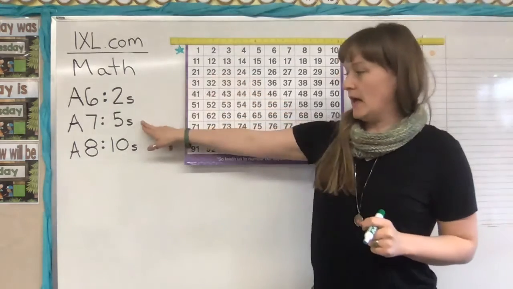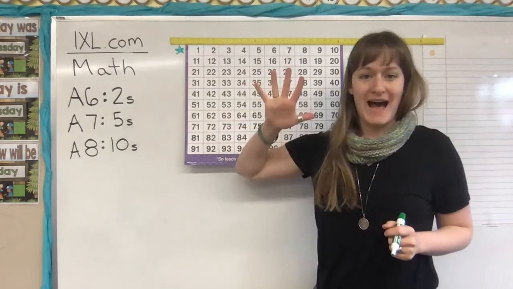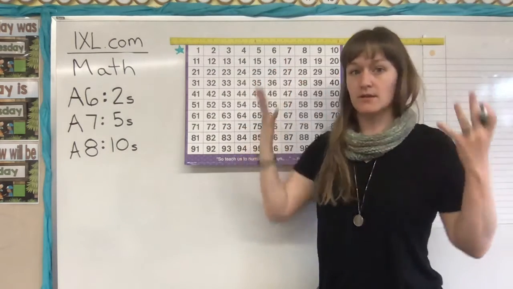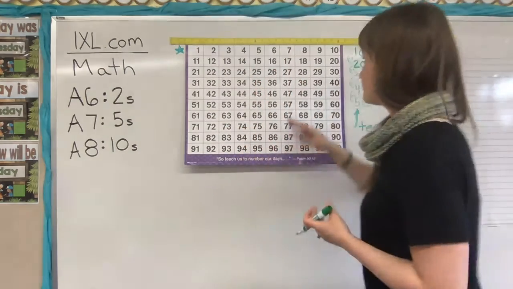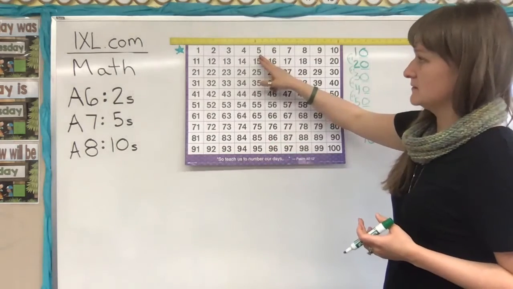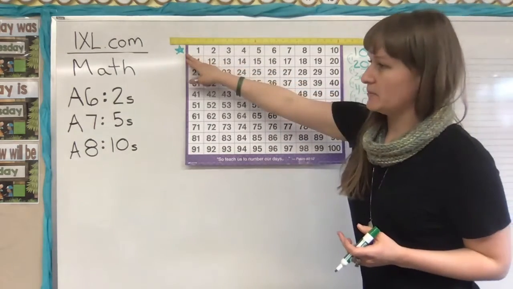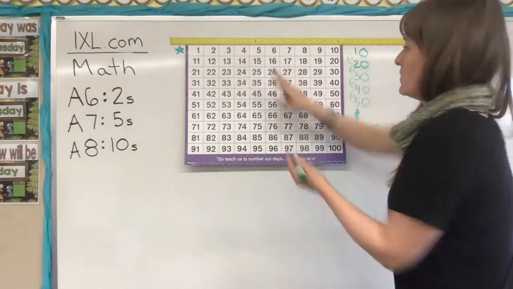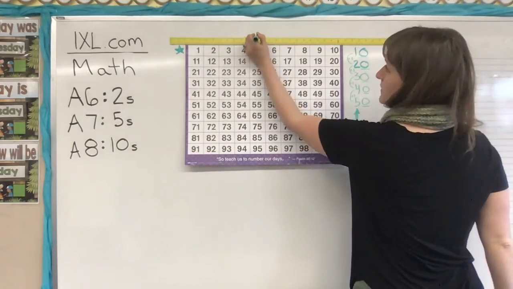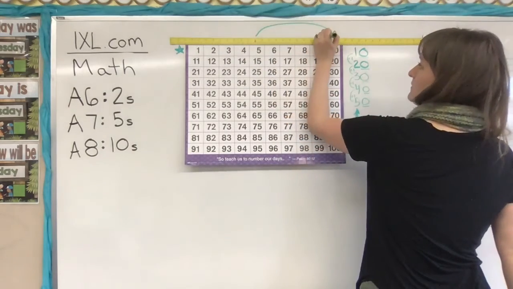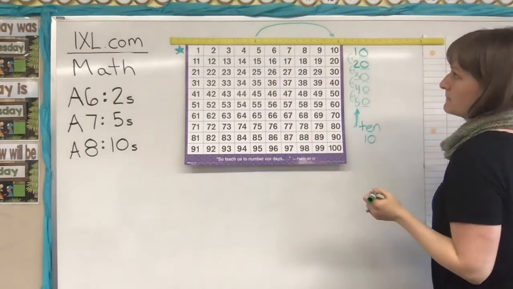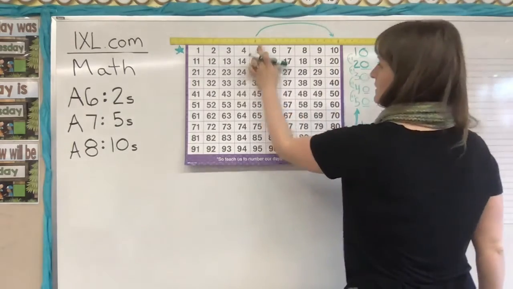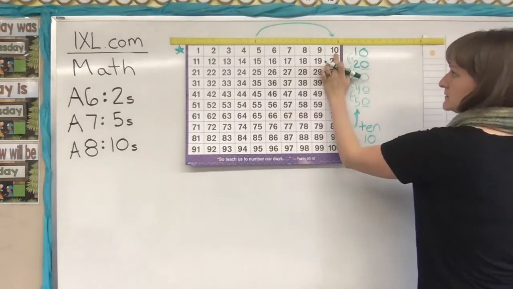So now let's move on to A7, counting by 5s. Again, just look for the pattern. Counting by 5s, we start at the top left corner of our hundreds chart, go to 5, and then we skip all the way over to the other column. 5, 10.